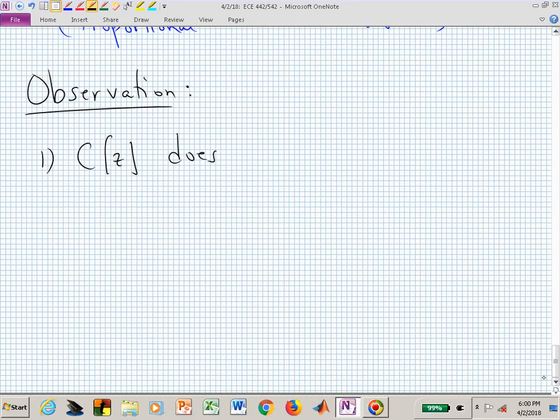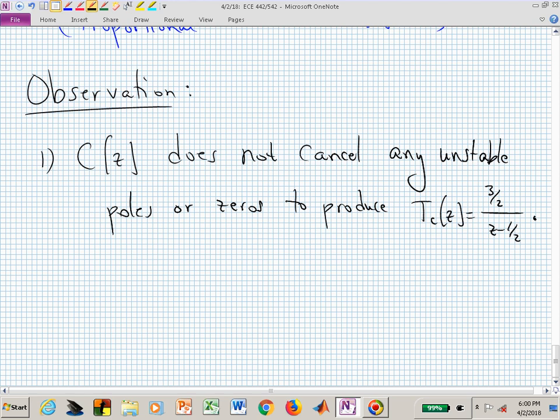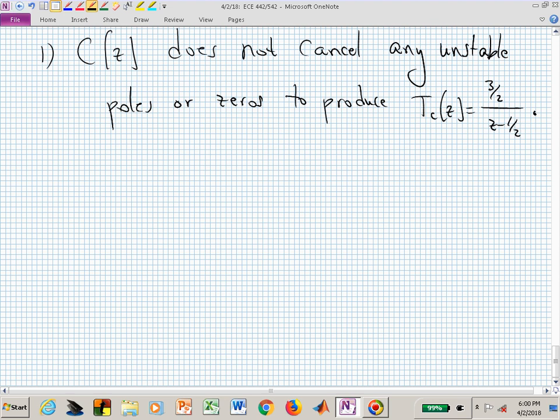So here, C of Z does not cancel any unstable poles or zeros to produce that T sub C of Z of 3/2 over Z minus 1/2. That's one observation.